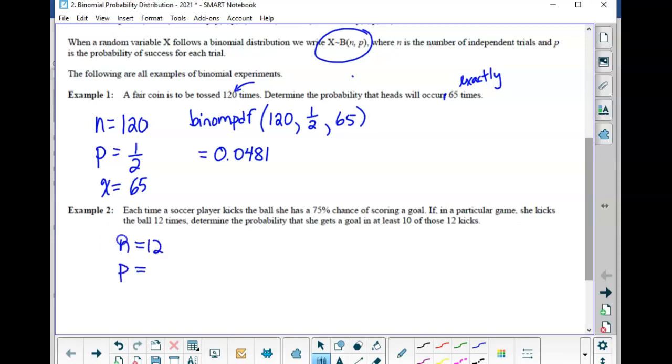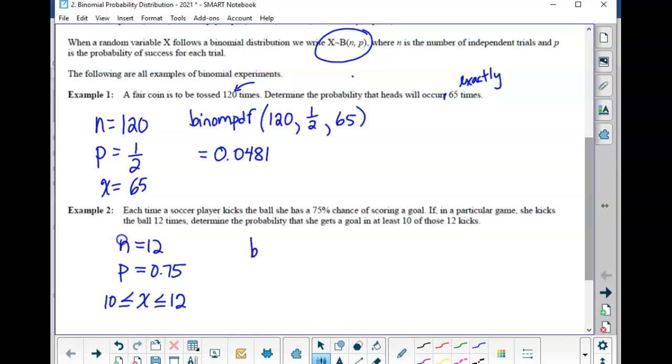The probability of scoring a goal is 0.75. And then here, x is in at least. So x is greater than or equal to 10, less than or equal to 12. So it could be 10, 11, 12 kicks that she gets a goal.